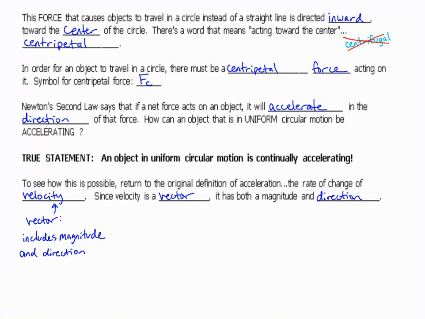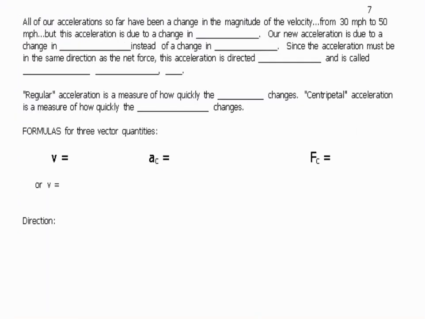All of the accelerations we've talked about so far have been a change in the magnitude of the velocity, from 30 miles per hour to 50 miles per hour. But this acceleration is due to a change in direction. Our new acceleration is due to a change in direction instead of a change in speed.